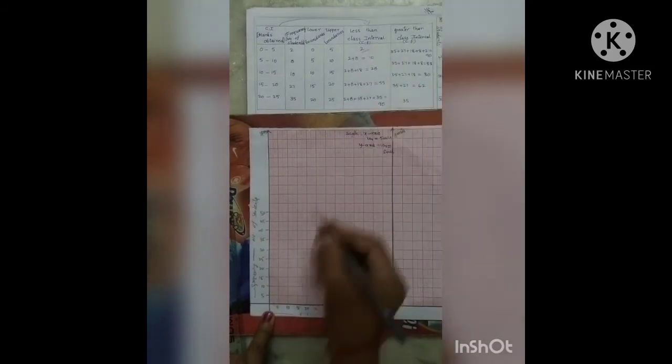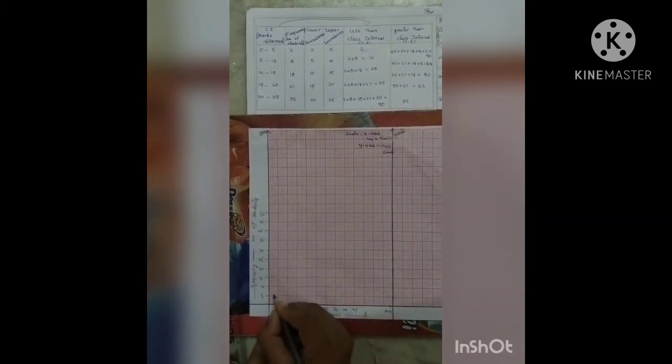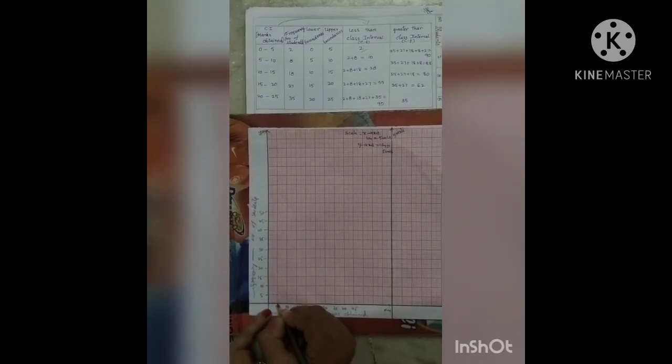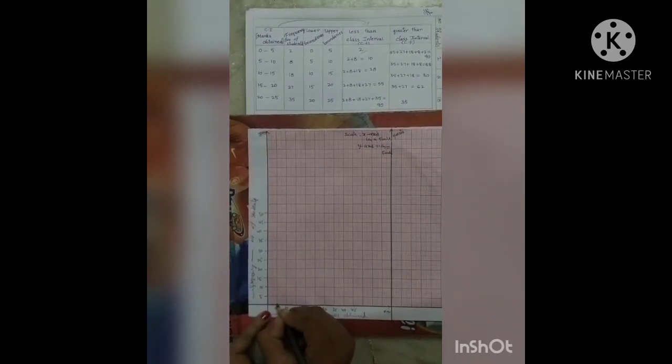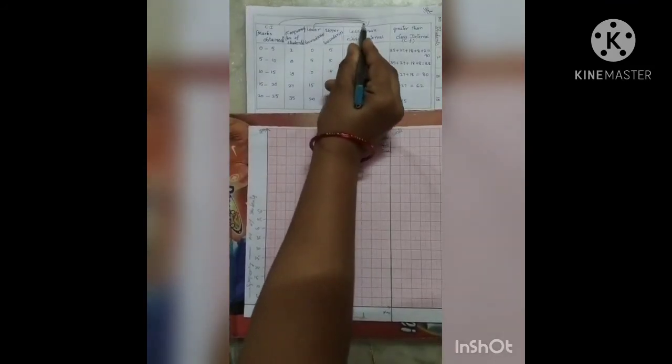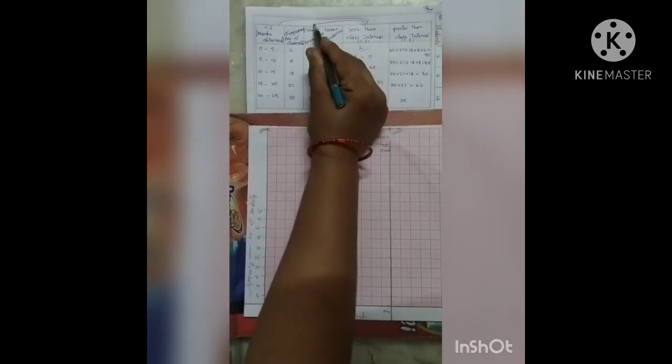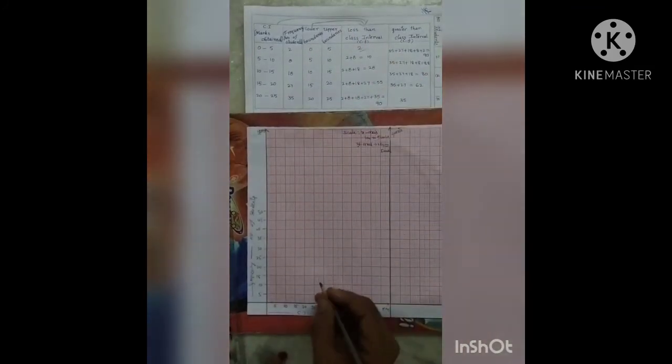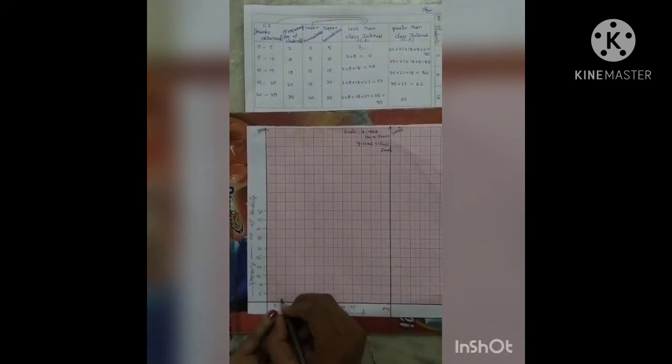What is the first one? 2. So up to here 5 is there. The lower boundary is considered for the less than cumulative frequency. So 0 to 5 is 2.